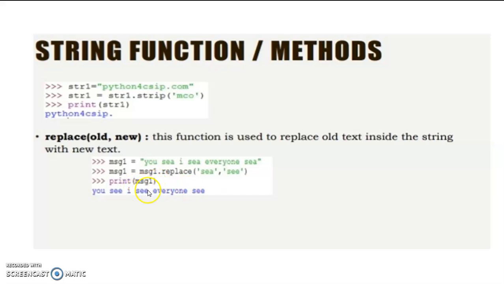Then print msg1. So here we use the replace function. It will replace this 'sea' with 'see'. See what will be the output? You see, I see, everyone see. All the 'sea' is replaced by the new 'see'. So that is the use of the replace function.